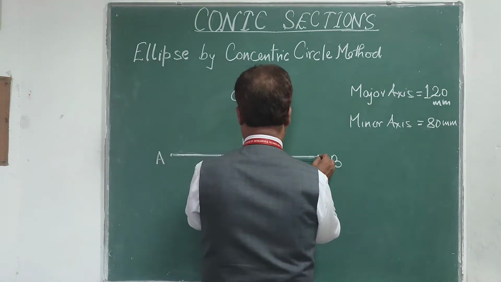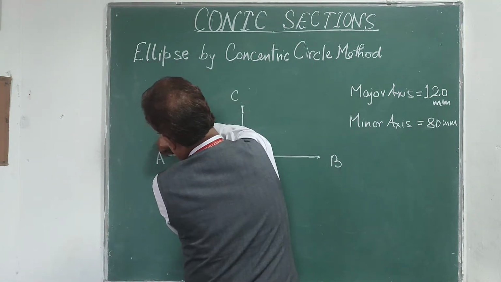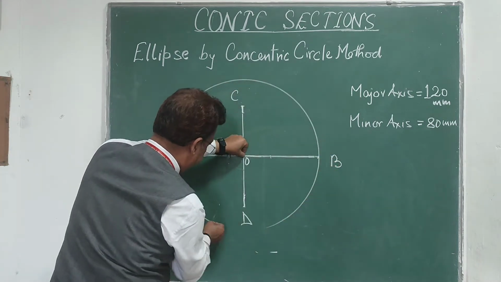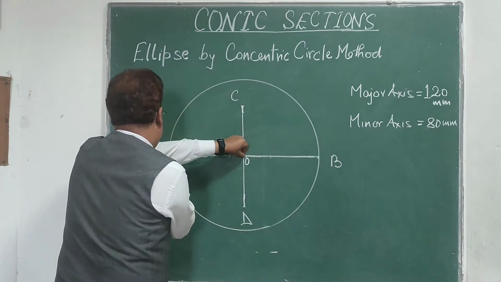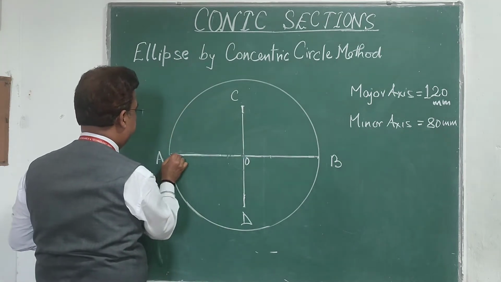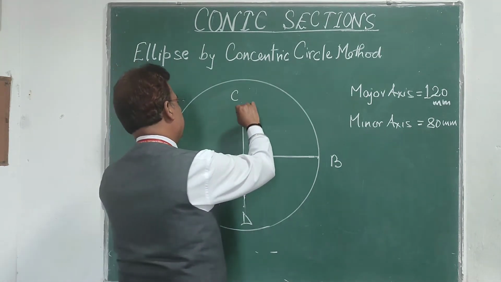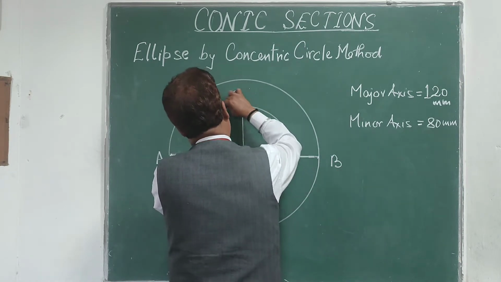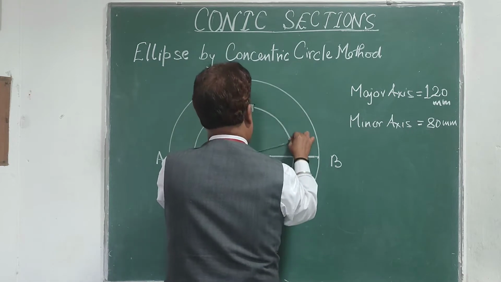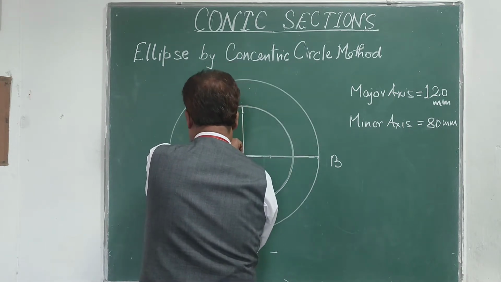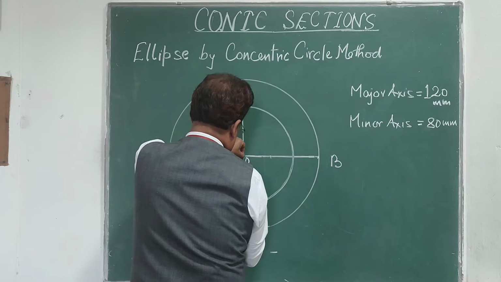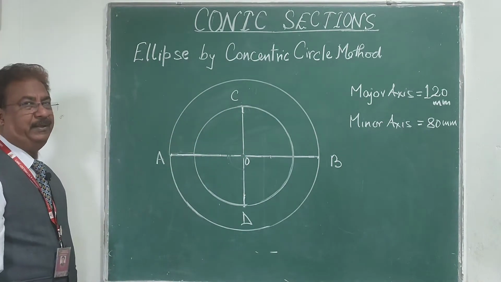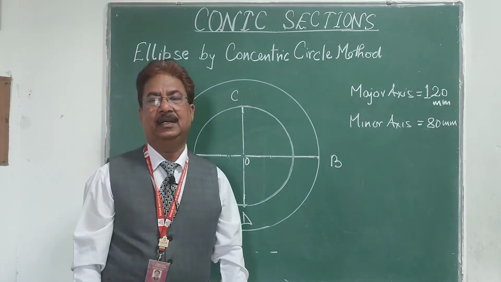I am going to draw two circles, one with diameter AB, that is 120 mm, and the other with diameter equal to CD. So this way I have drawn these two circles with the same center, that is why we call this the concentric circle method.